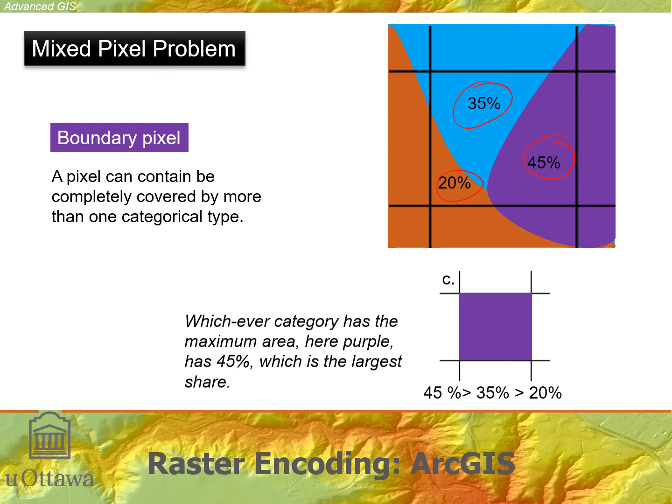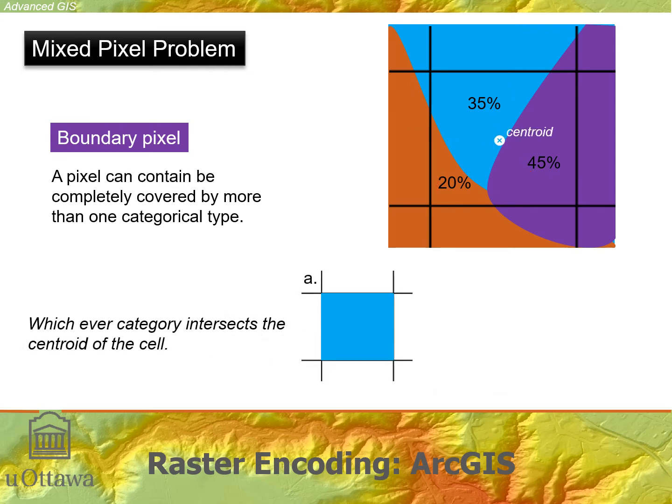And that's because it has the largest proportion or greatest share within that particular cell. If we use the centroid method, we would get blue as the cell attribute, even though it is not taking up the largest amount of space within that cell. So that can be an issue in many cases.